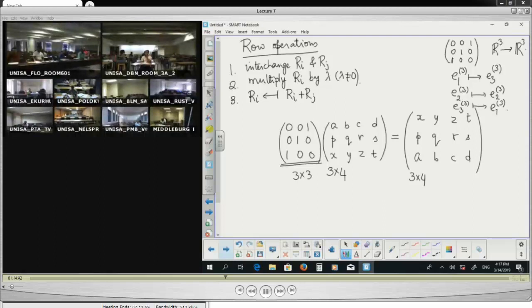This is the same thing as a base change. Okay? You interchange the ith and jth basis vector.